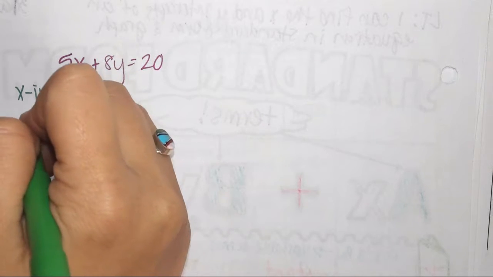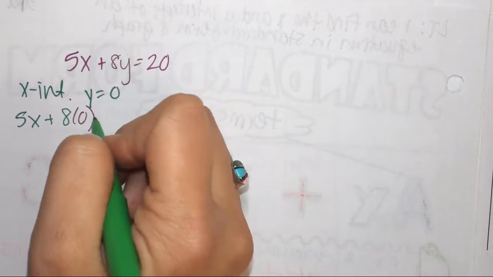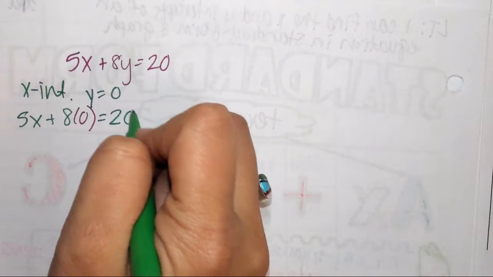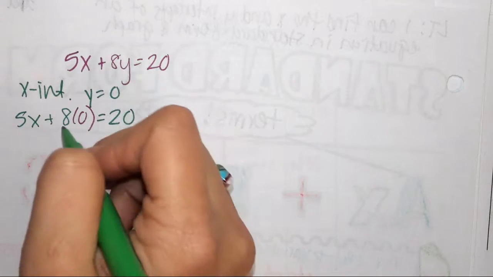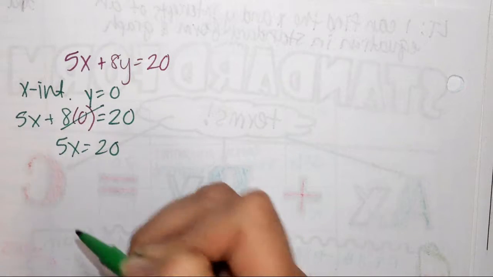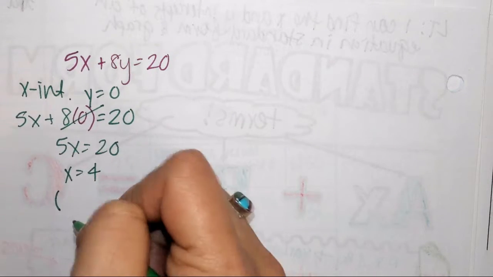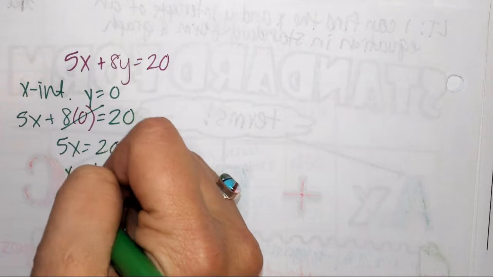So then we say 5x plus 8 times what? 0 equals what? 20. Fantastic. What's 8 times 0? 0. So that cancels, and you're left with 5x equals 20. And x equals 4. So what's my coordinate for my x-intercept? 4.